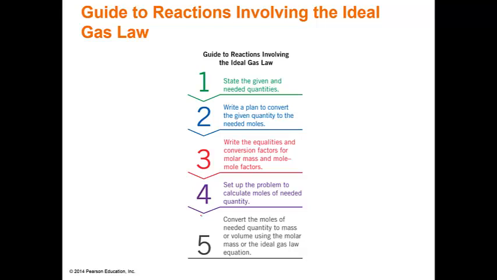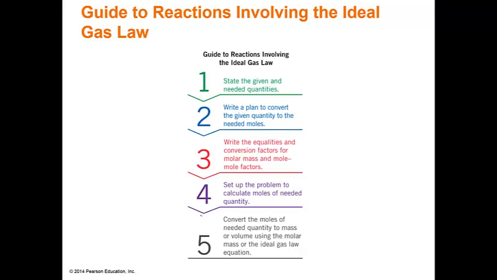So we need to know these things. All right, so reactions. State the given and the needed quantities. Organization, organization, organization. We then write a plan to convert the given quantities to the needed moles. Then we write the equalities and the conversion factors for the molar mass and the mole-to-mole factors.